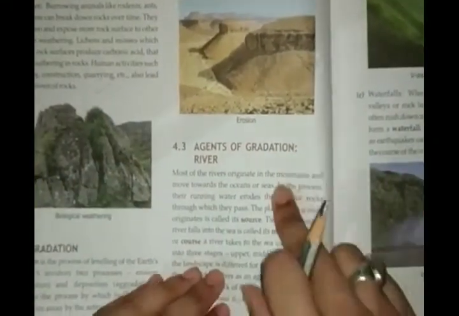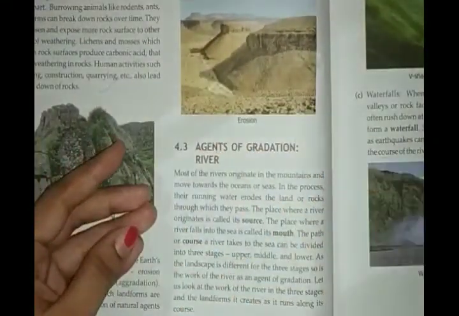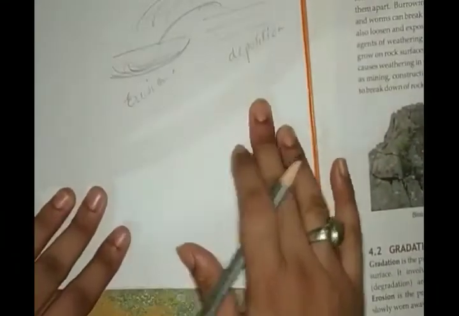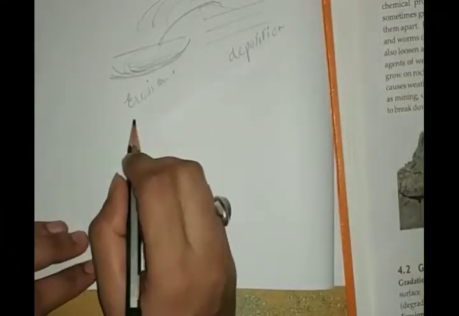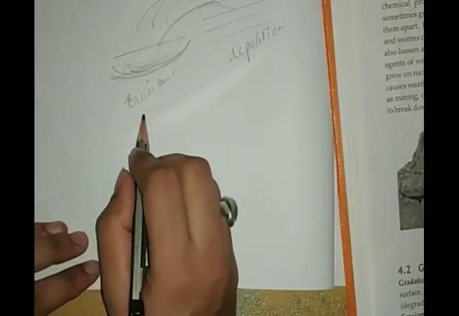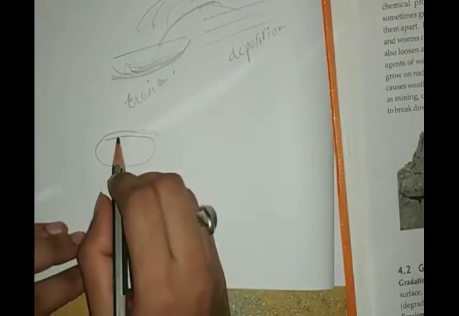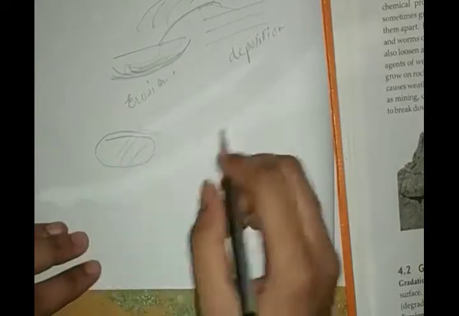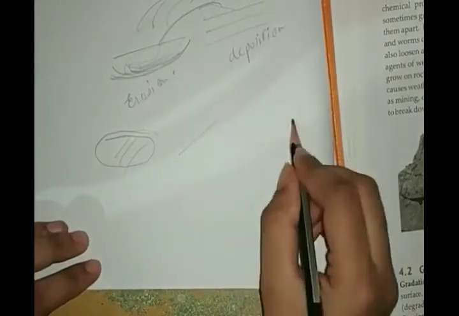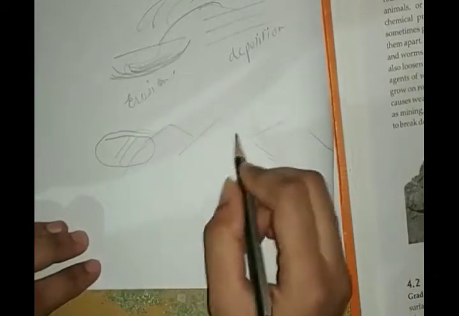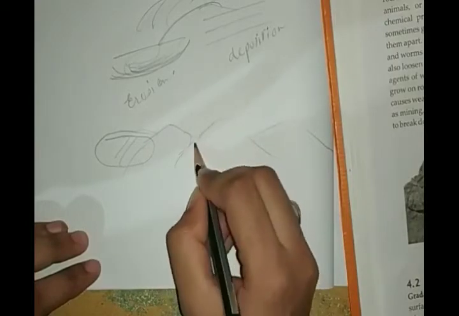Okay, so the place from where a river comes out is known as the source. Here the river comes from a river valley. Suppose, wait, I will show you here. This is a mountain. Suppose these are mountains. So the river comes out from here. Yes or no?